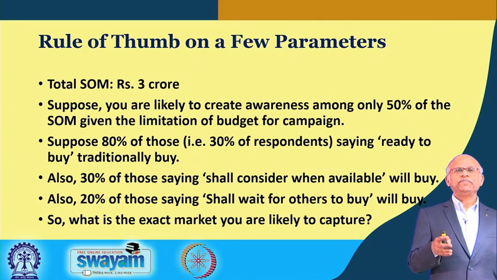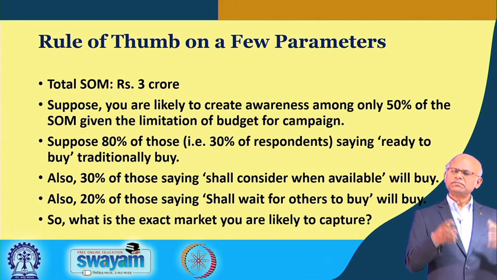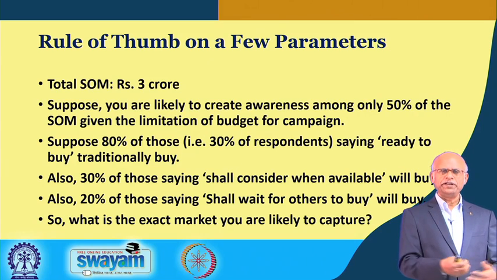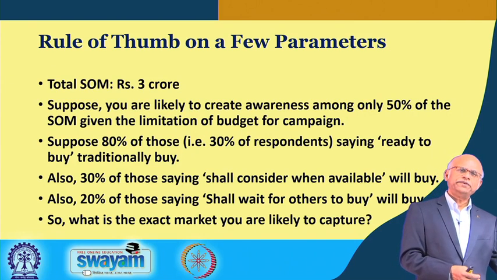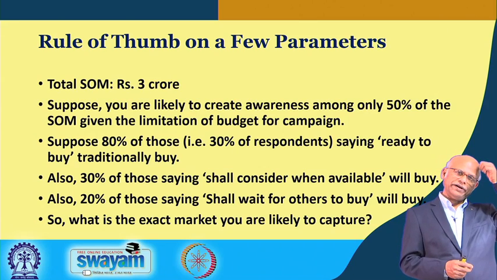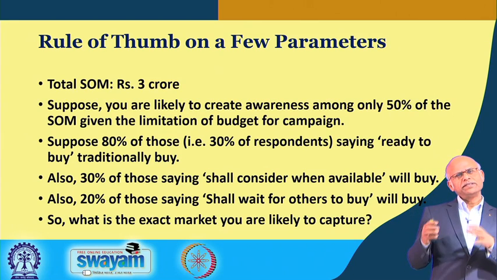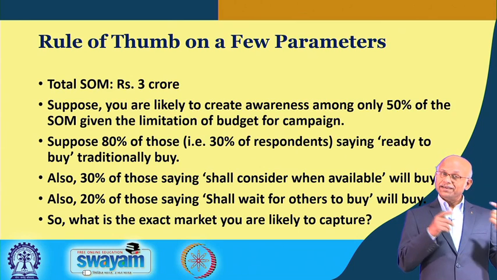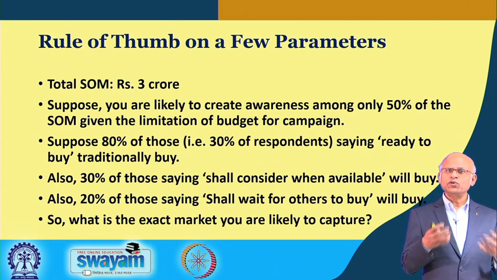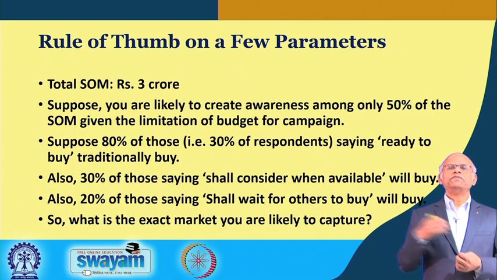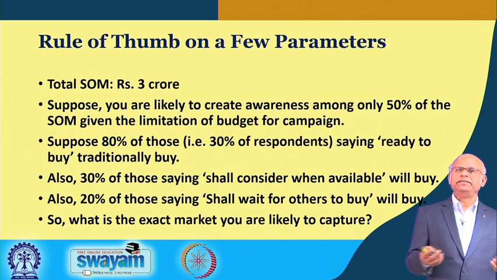So, now suppose 30% of the respondents said that they will immediately buy when available. Now, 80% of them will get converted into buyers. So, you have one data point. Also, when some people say that we will consider when available, the rule of thumb is that 30% of them really get converted into customers, meaning they buy.